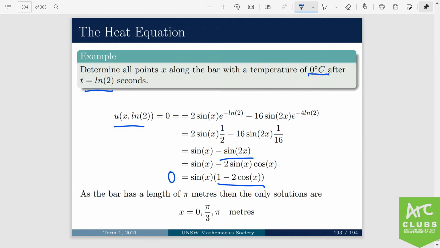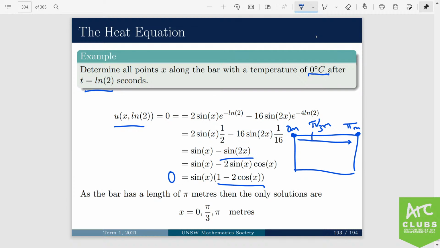So that means that if we draw our bar, and just say this is our origin, so this is 0 meters, and it goes across to here, and this is pi meters. So we're saying at 0 meters, at pi meters, and roughly there, pi on 3 meters.